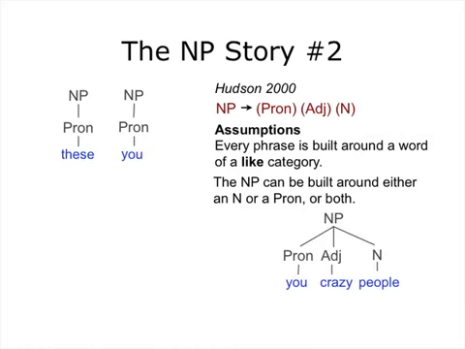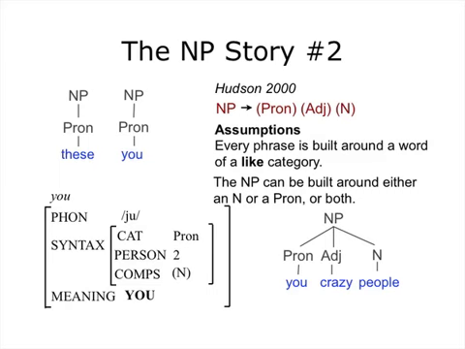So you would have things like you crazy people. We have these and you would both be pronouns, but you could also have the pronoun you together with other things, right? So what this does is to categorize these things together in a way that makes some sense, right? You and these and those and my and all of those things have this property of being able to go with a noun if they want.